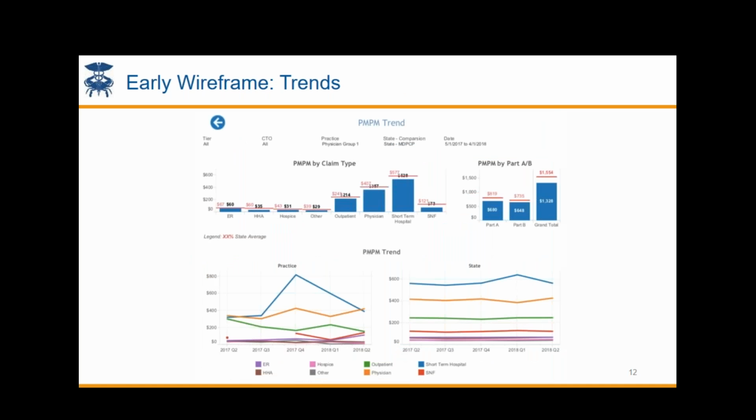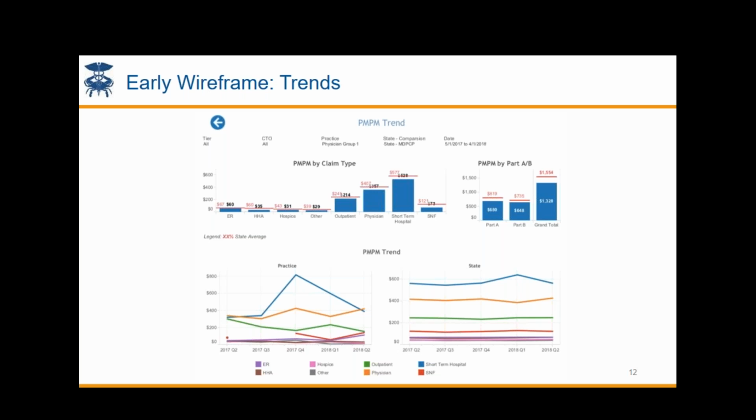We are also looking to display per member per month data with the ability to break this down by claim type in the ER, home health, hospice, and other categories you can see on the screen on the upper left side. Also looking at this by Part A and Part B and total. We also plan to have this available to be able to be trended over time.